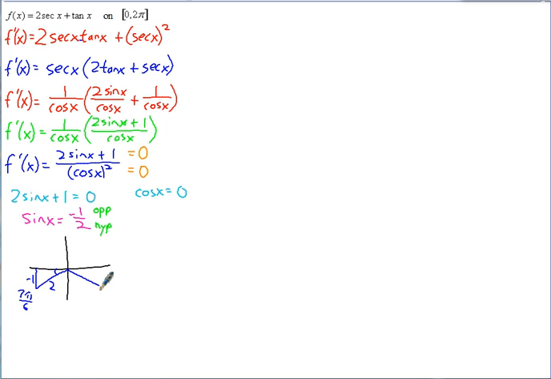And also, in this quadrant right here, we have negative 1 over 2, so that would be 11 pi over 6. So those are our two critical numbers that make the numerator 0, from 2 sine of x plus 1 equals 0, so x equals 7 pi over 6 and 11 pi over 6.